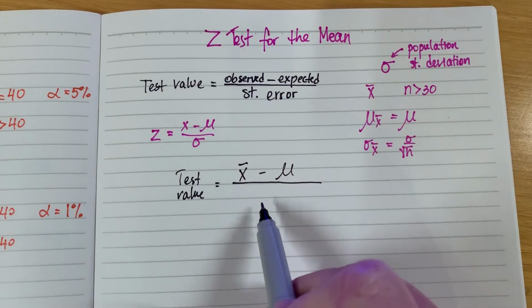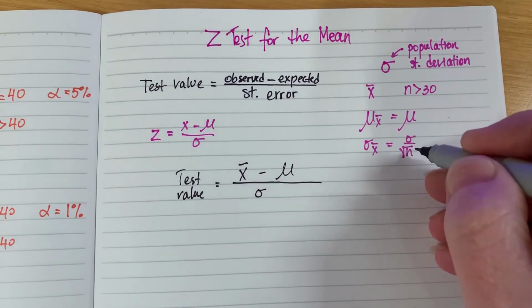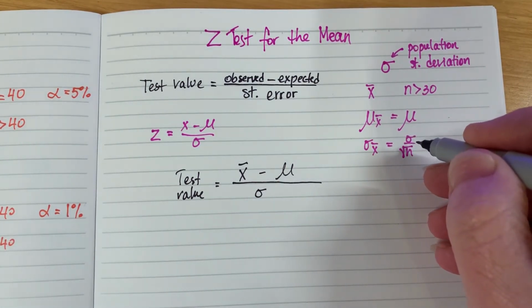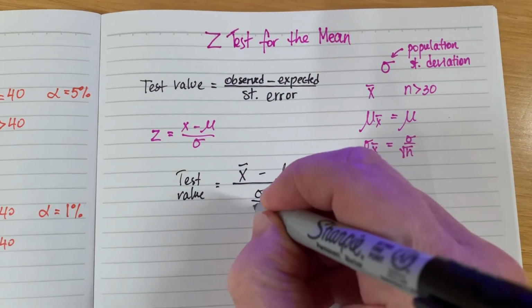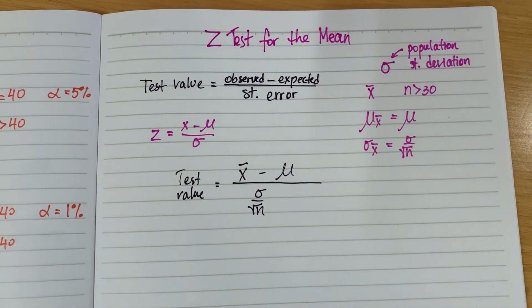And then the standard error is the variability of the sampling distribution for the sample means. And then I'm going to compare that to my critical value as I go along.